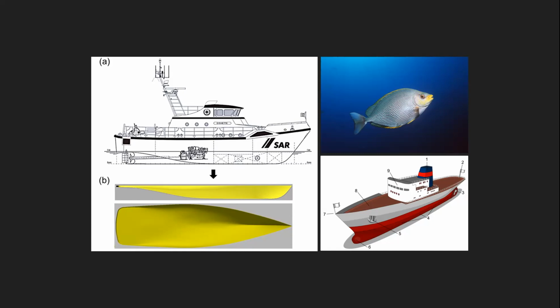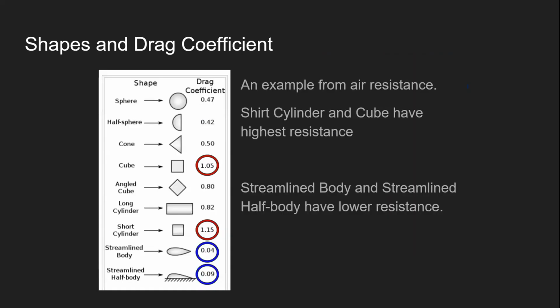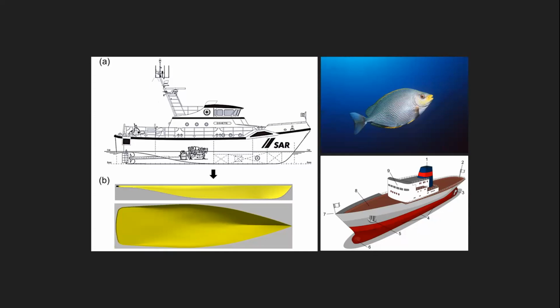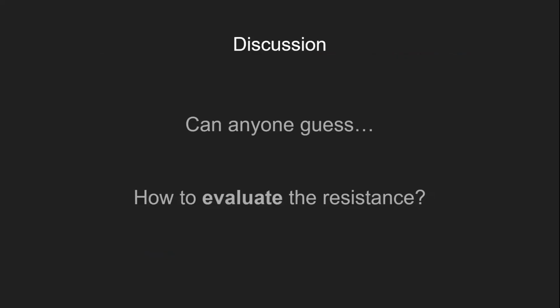From the top of the body or from the side of the body, we can tell that the shapes are streamlined. They have lower resistance and they're able to swim fast inside the water. Of course, there are some fishes that don't have a shape like this, but most fish are shaped exactly like a streamlined body. So I think we apply this shape to ships to enhance the ship resistance.